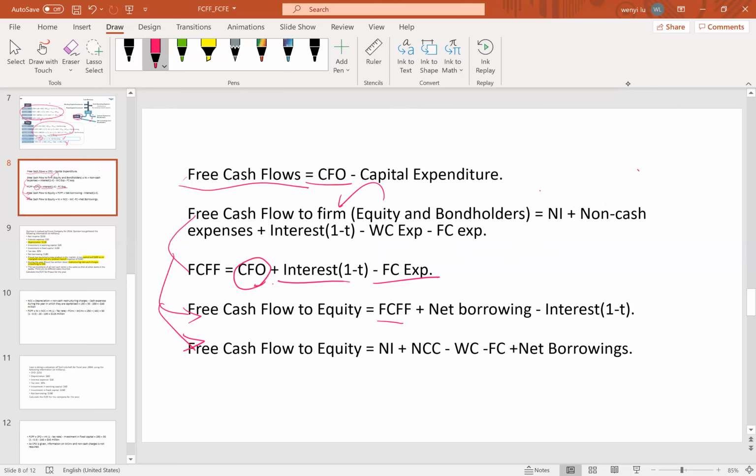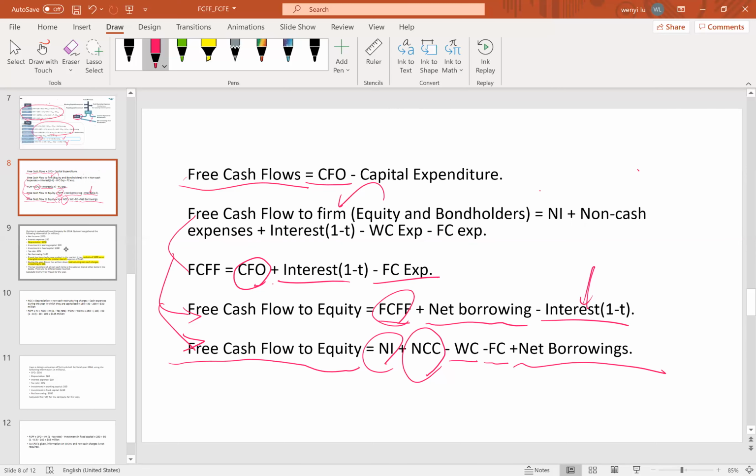So our free cash flow to a firm plus the net borrowing, then minus the interest for the bondholders, will be what is left for the shareholders. And if you replace this by the formula above, we have net income plus the non-cash charge plus the net borrowing, minus working capital, minus the fixed capital expenditures, and we have the free cash flow to equities.